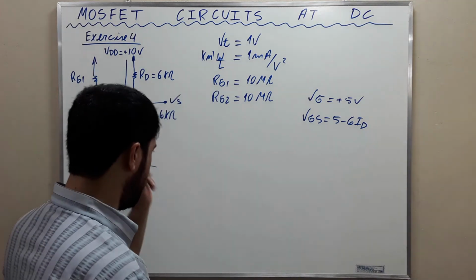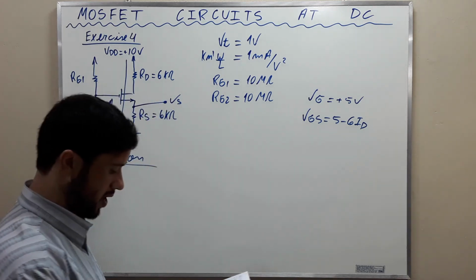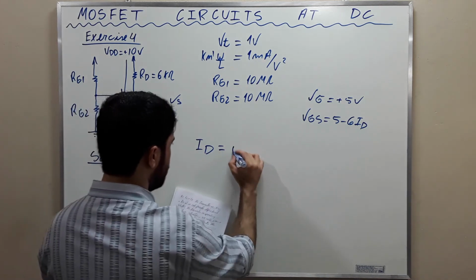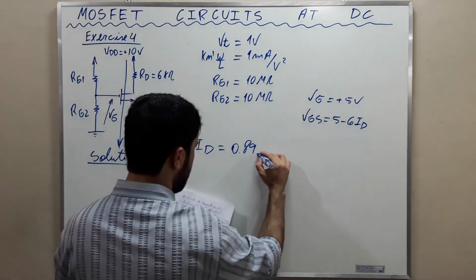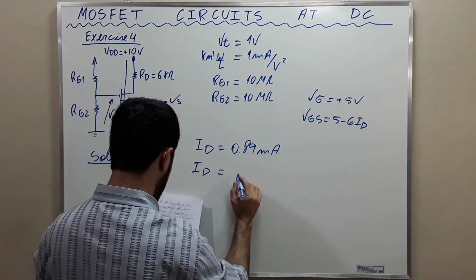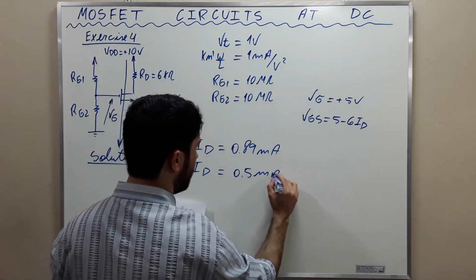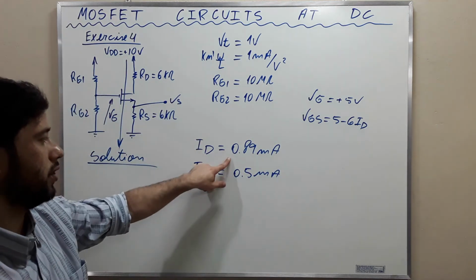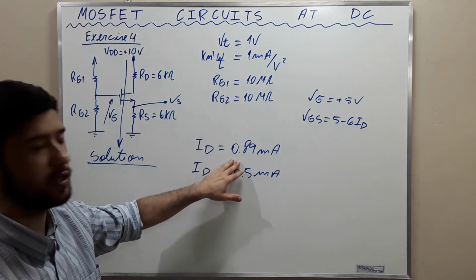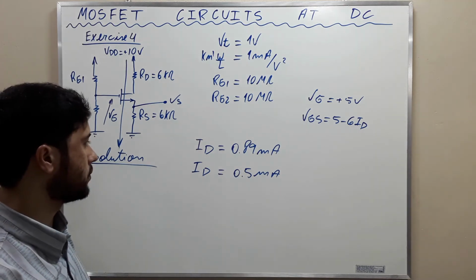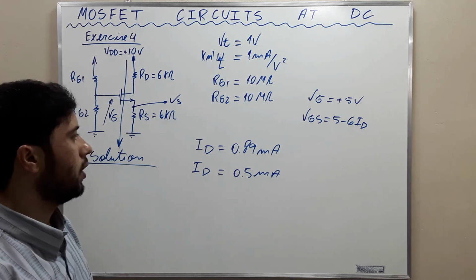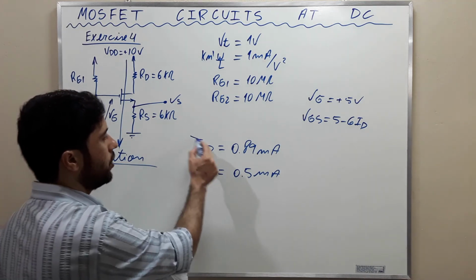If we solve this equation, we are going to find two values: a value for ID equal to 0.89 milliamperes and a value for ID equal to 0.5 milliamperes. If you use the 0.89 value for ID, you are going to discover some inconsistencies, and the 0.5 value is just right, so we are not going to use the other value.